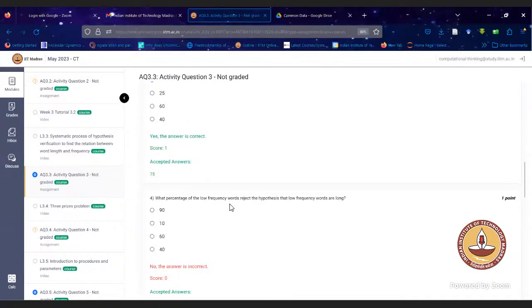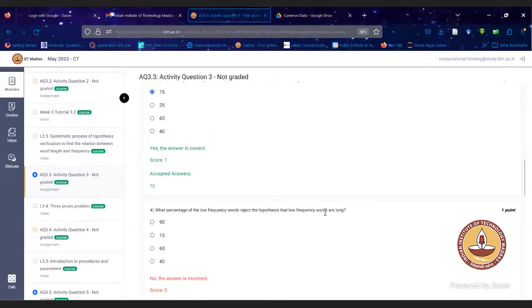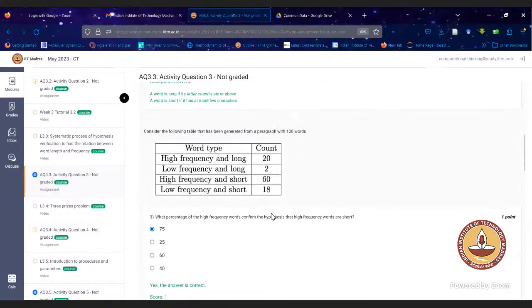That total is 20, sir. In that case, total is 20 of low frequency. Reject the hypothesis that low frequency words are long. So low frequency words are not long is what you need to add.